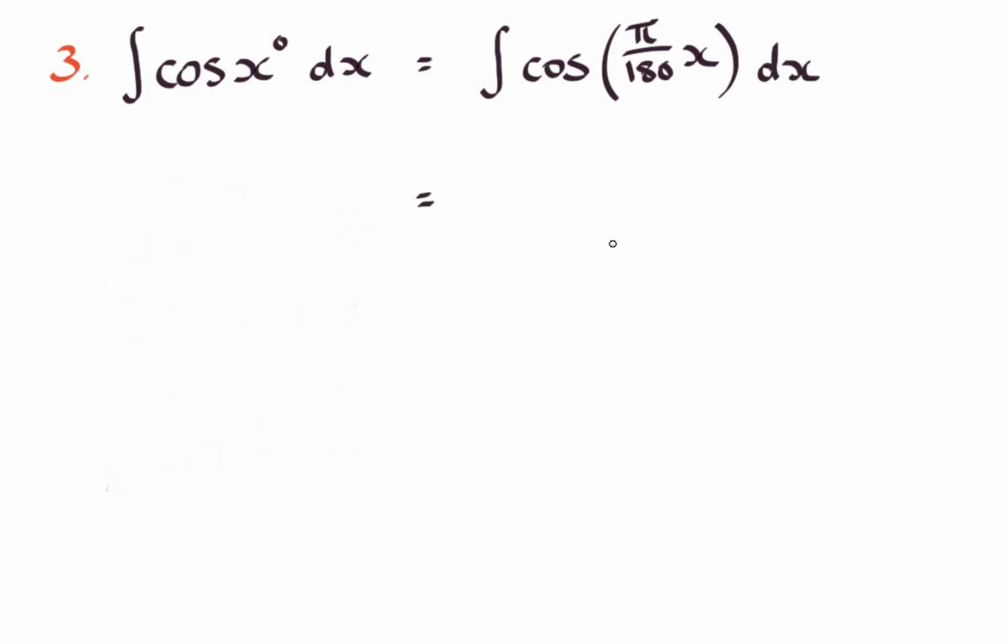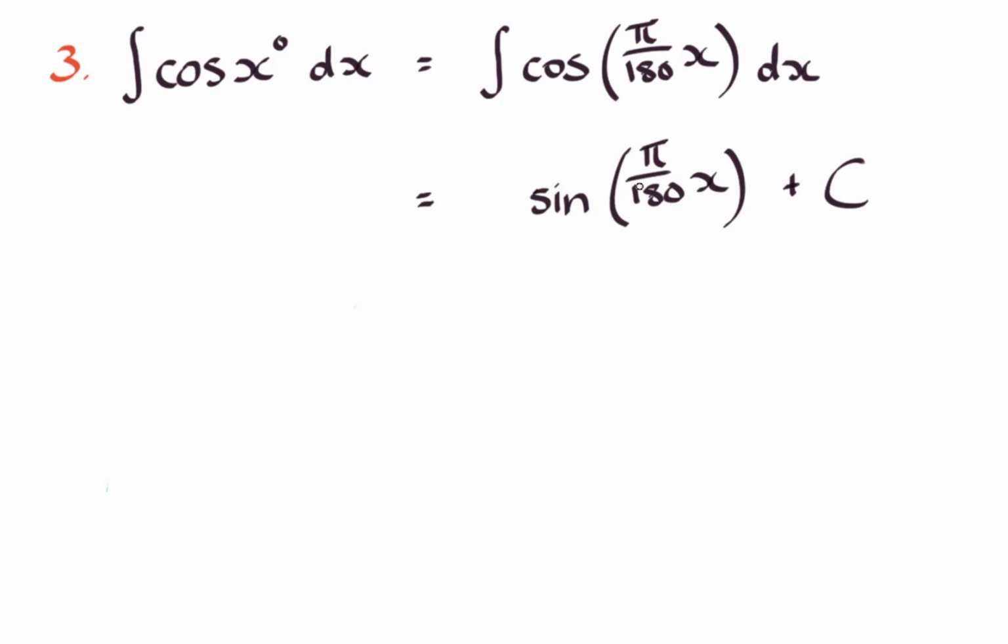Now we can apply the chain rule. So we have the integral of cos is sine. So we have sine of pi on 180 x. We have our constant of integration at the end, but remember we have to take care of the derivative of what's inside the brackets.